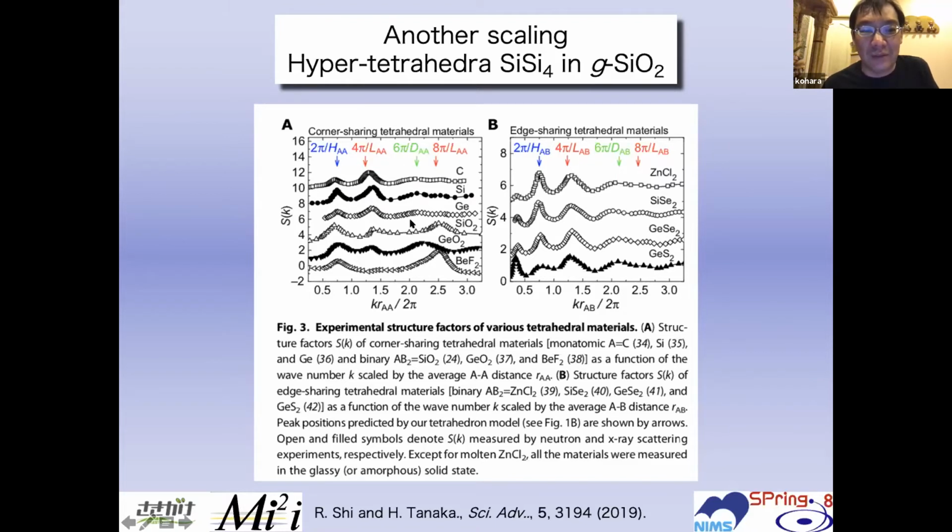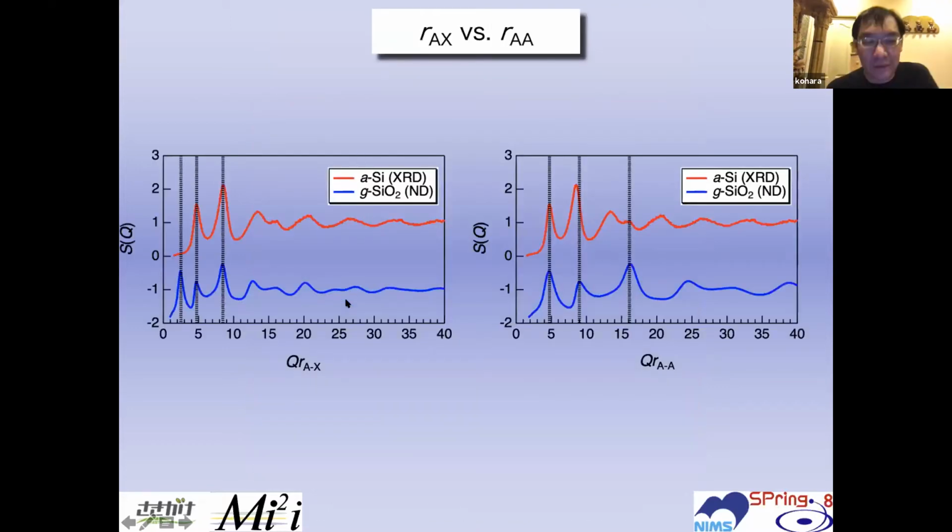And this is the result. I think this is a little bit strange for me when we compare. Not only me, many diffraction scientists scale by center and corner of tetrahedra. This is the conventional way.